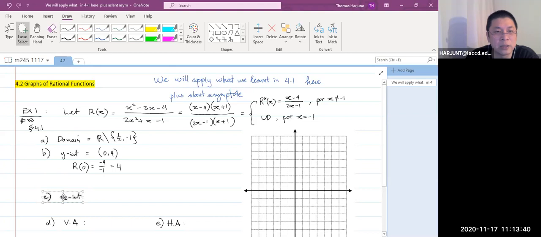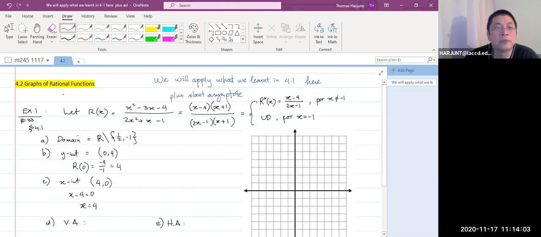The x-intercept: we look at the numerator of the simplified form. x minus 4 is 0, so x equals 4. So the x-intercept is (4, 0).